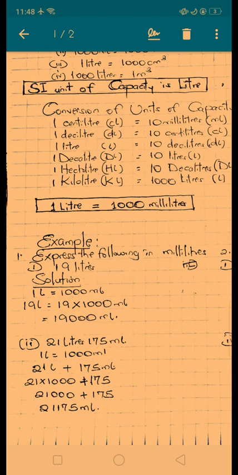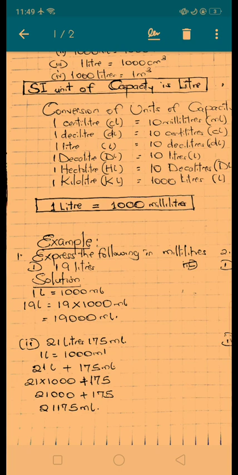When converting from liters to milliliters, we multiply. Liters is bigger, milliliters is smaller. Converting from bigger to smaller, we multiply. When we convert from smaller to bigger, we divide. So we have 19 times 1000 milliliters.